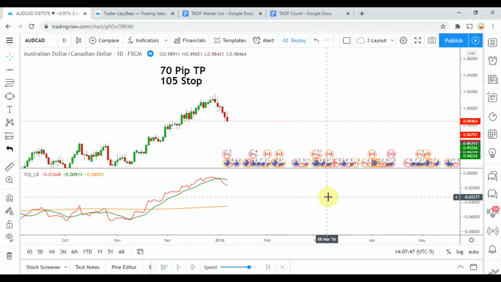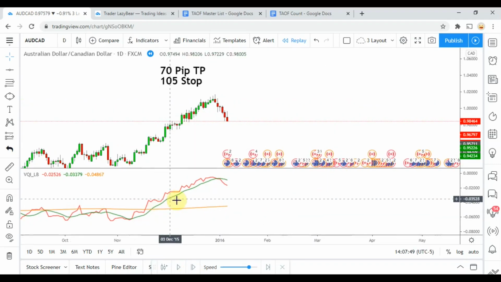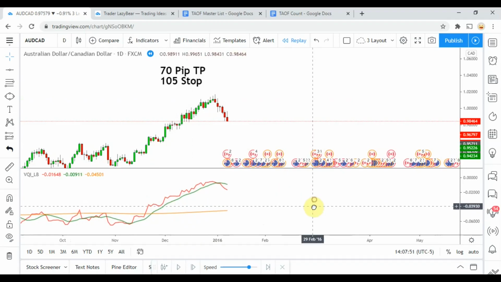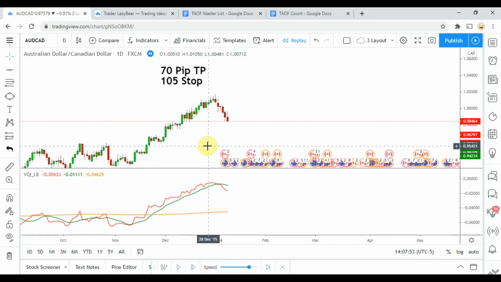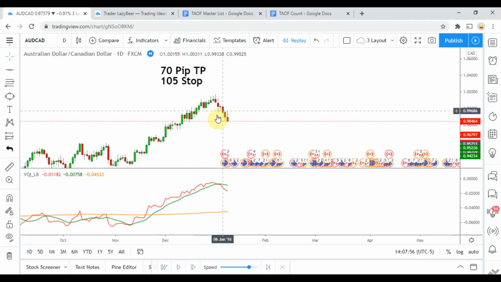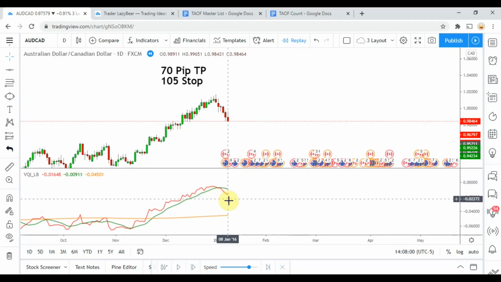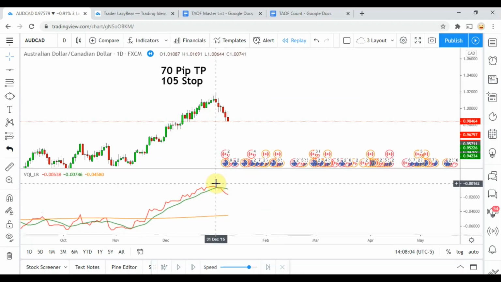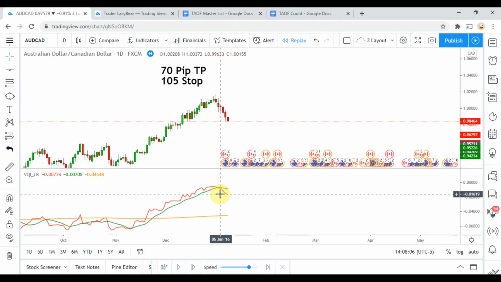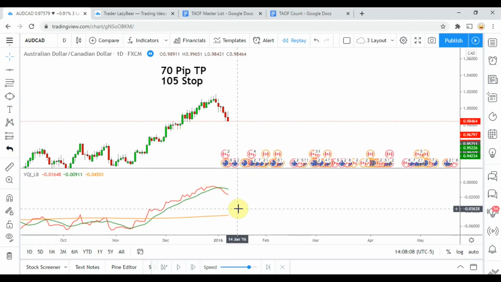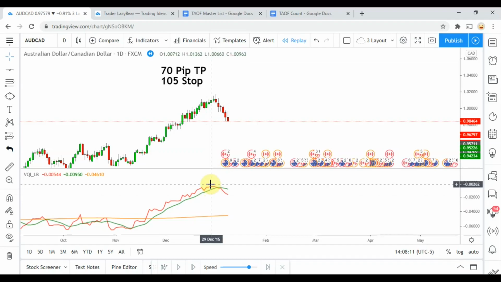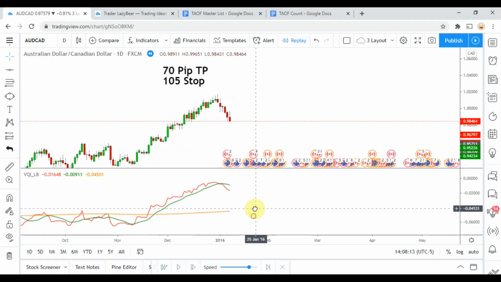So we have the green line and red line above the orange line. We are only looking for sell signals, or I'm sorry, buy signals at this point. And so now the red line has crossed down below the green line. That is a short-term bearish signal, I keep getting the two confused here, but we're not going to do anything yet.